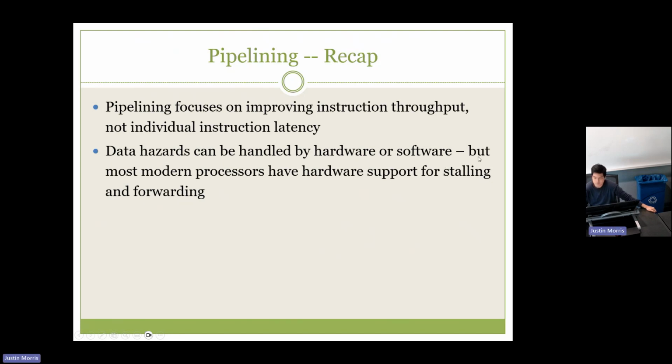And should be, because we figured out that that's the best way to get performance. So most modern processors have hardware for stalling and forwarding. And the other reason that it should be handled in hardware is because another one of the research presentations is on out of order execution. If you have out of order execution in your hardware, you need to be able to figure out these dependencies.